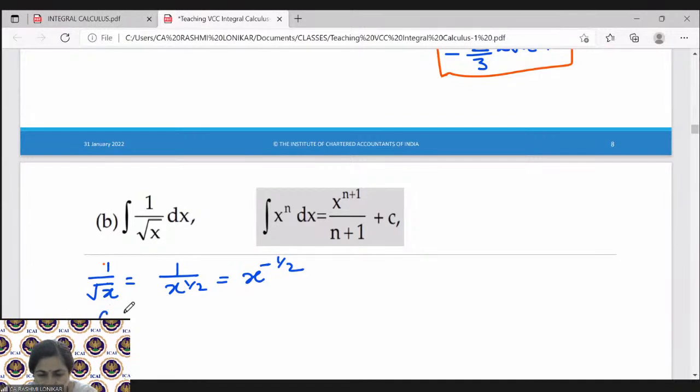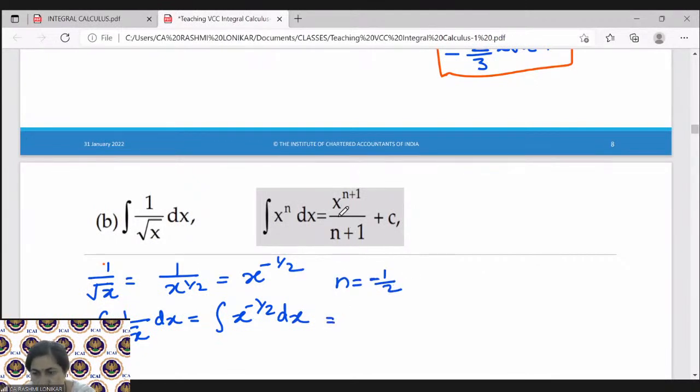So integration of 1 upon root x dx is equal to integration of x raised to minus half dx. Now, which means that n is equal to minus 1 by 2.